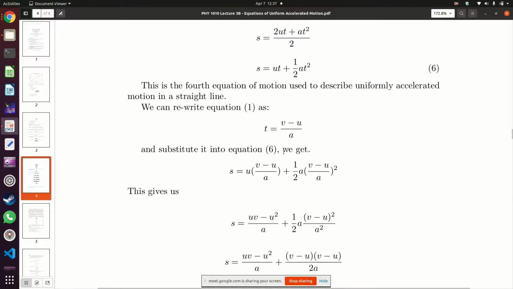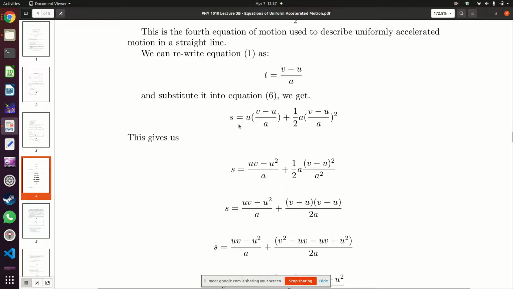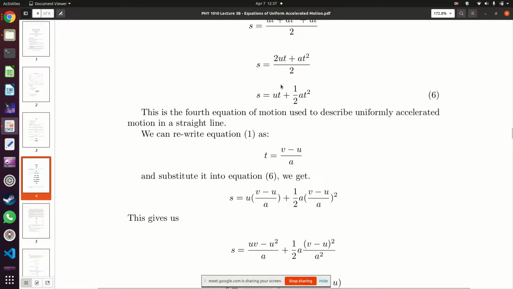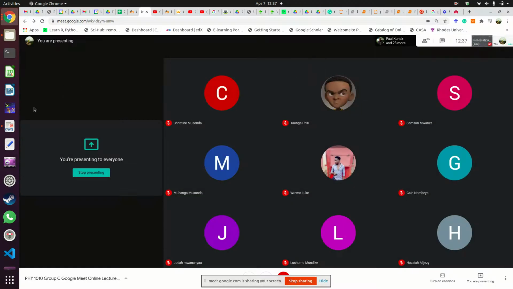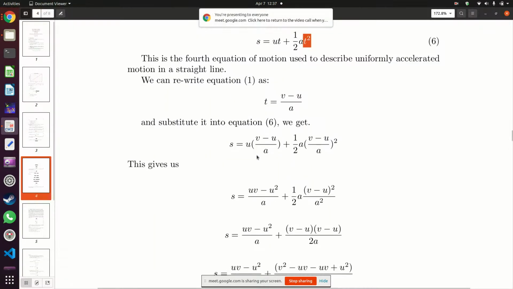So when we do that, this is what we end up with. We end up with s is equal to u, in place of this t, we put in v minus u divided by a, then plus half a, and again, in place of this t, we put in v minus u divided by a. Then we multiply.